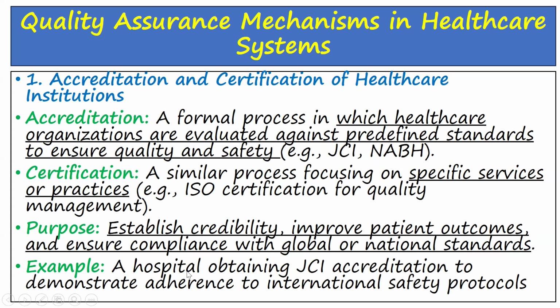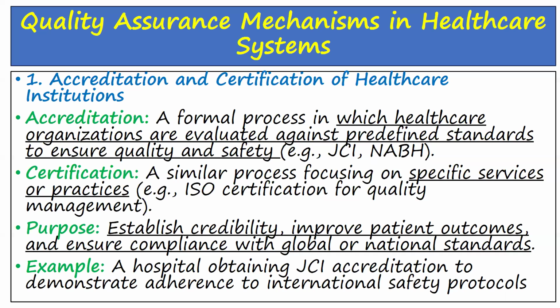Accreditation means what? A formal process in which healthcare organizations are evaluated against predefined standards to ensure quality and safety. An international organization comes to your hospital to evaluate you. This is what is known as accreditation, the process of evaluating a hospital to see if it meets the standards.